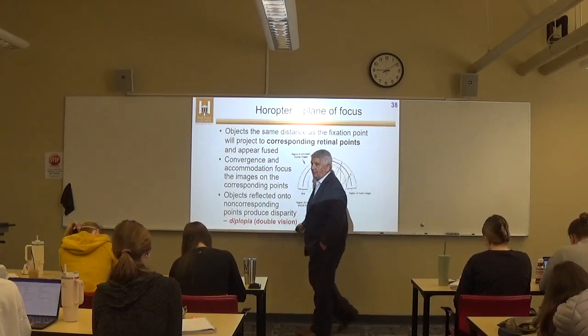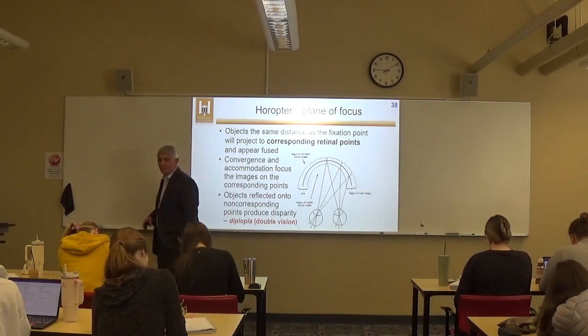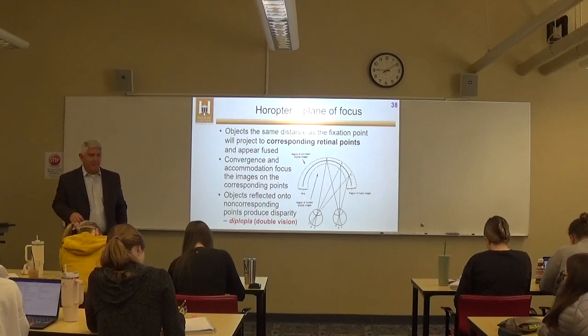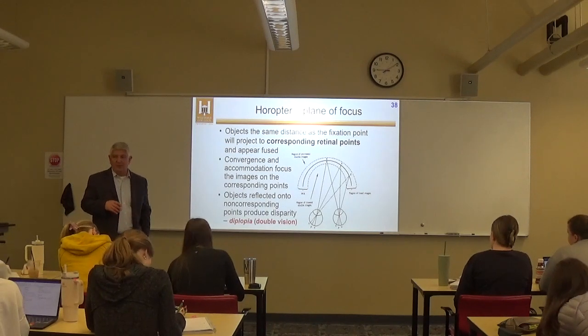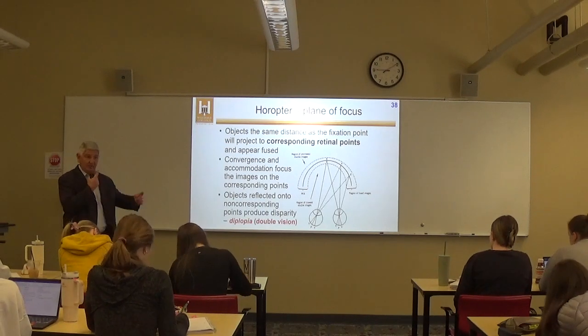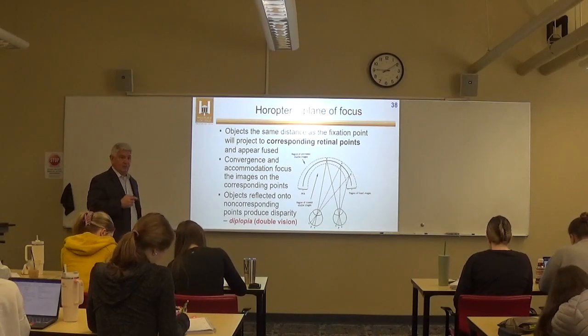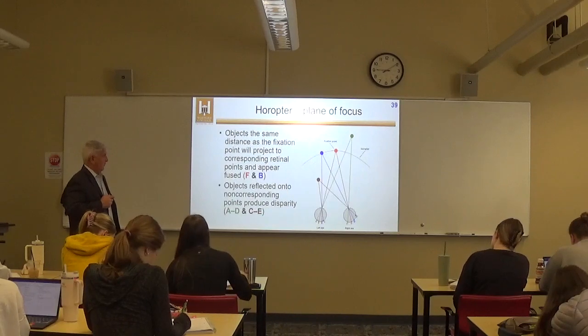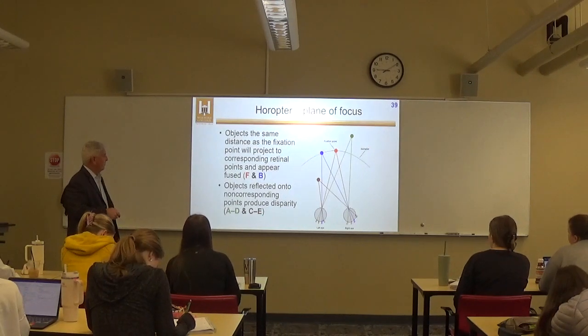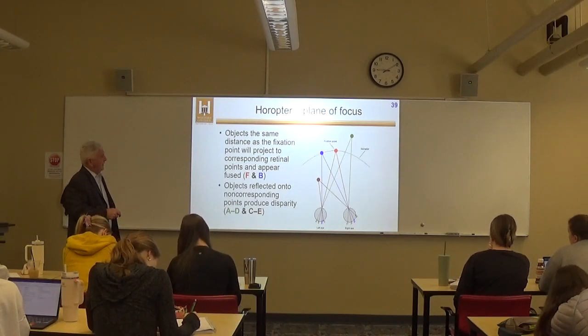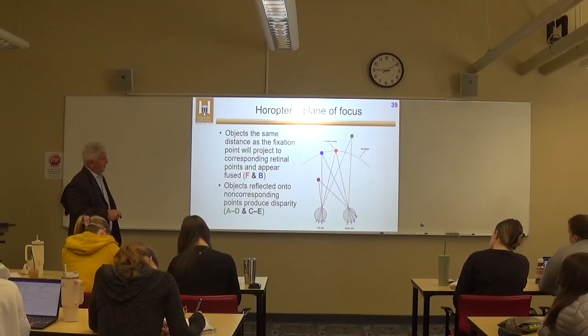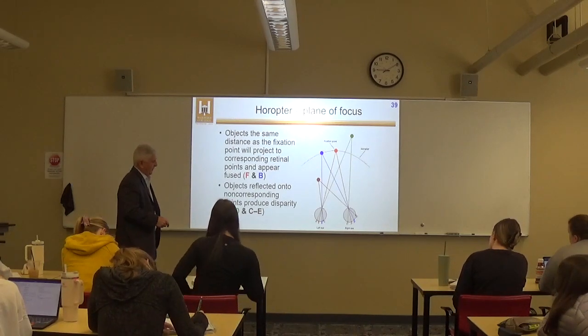Again, we get diplopia or double vision when we have things that are not on corresponding retinal points, like you just demonstrated with your fingers, seeing 2 of the finger you weren't focusing on. So when we have things on the horopter, they are falling on corresponding retinal points.